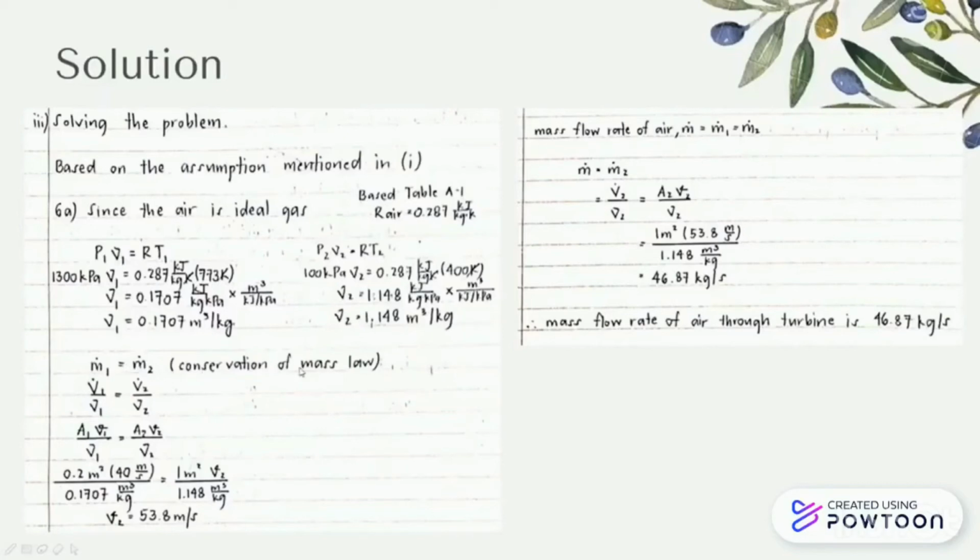We derive the equation to find the mass flow rate: cross-sectional area times the velocity, divided by the specific volume. Actually, we can simply use all inlet data to solve the problem, but we choose to find the value of the outlet velocity and use it to determine the mass flow rate of air through the turbine, which is 46.87 kg per second.